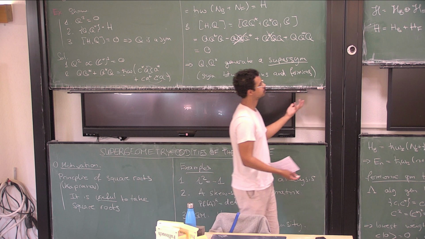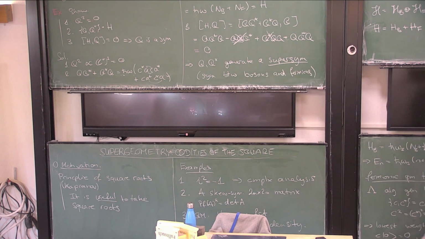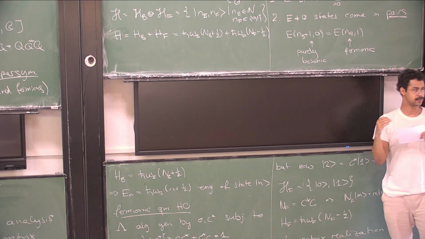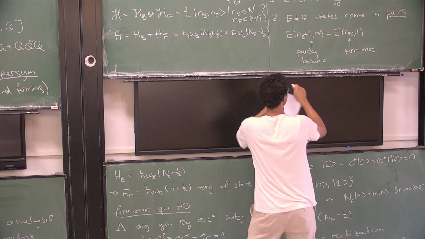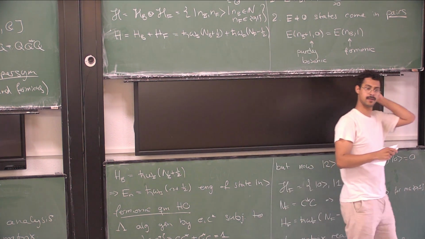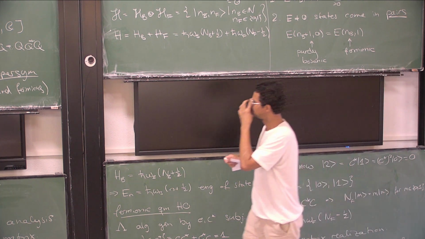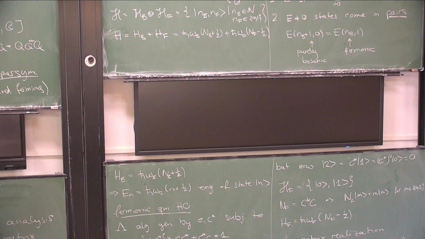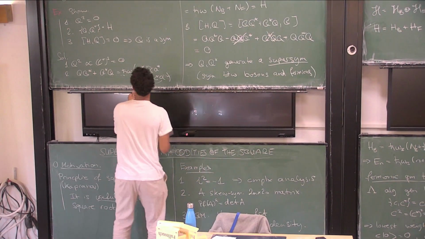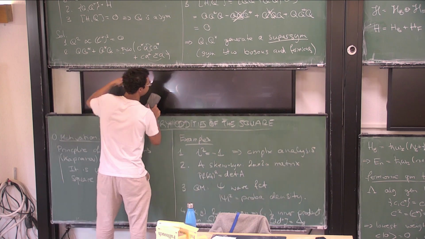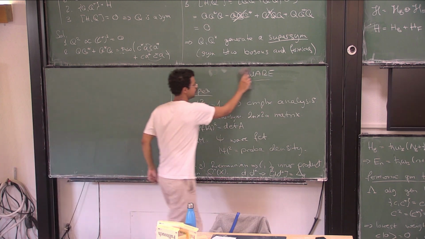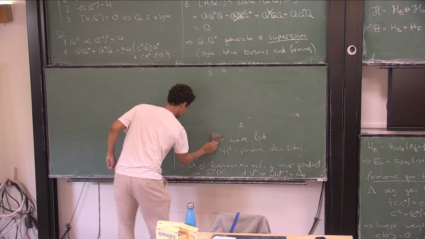However, it has huge applications, which we see here somehow: the energy spectrum is bigger than 0. And if the energy is not 0, then the states all come in pairs with opposite sign. I don't know if I want to write this already, but let's try to do this.